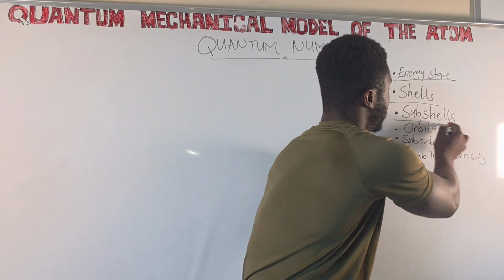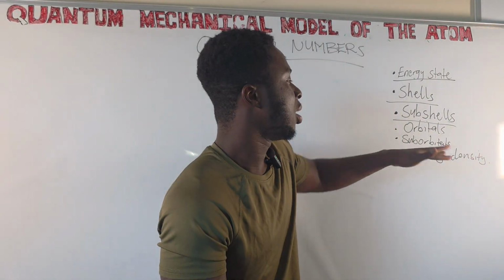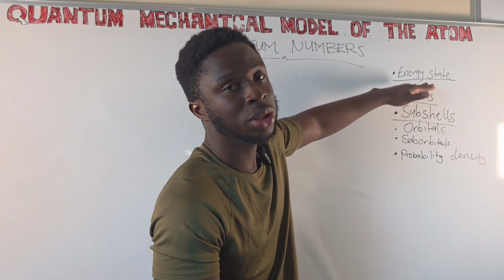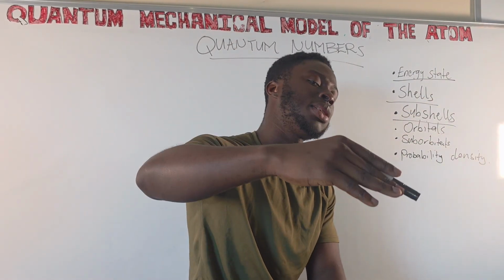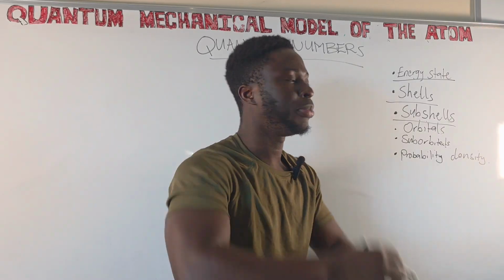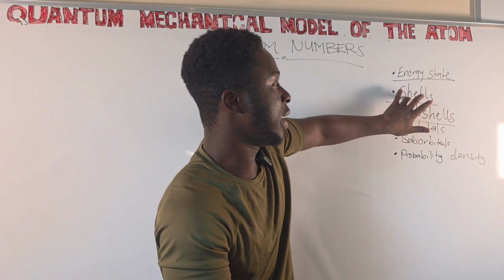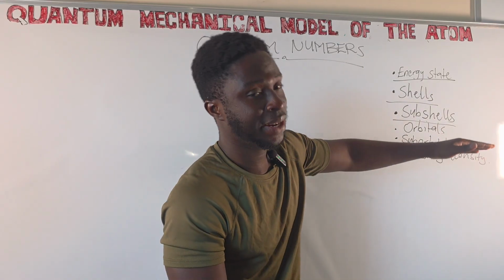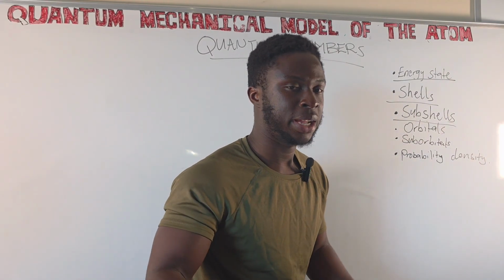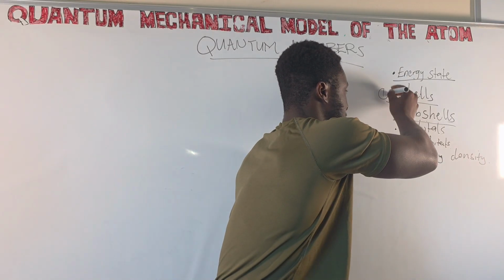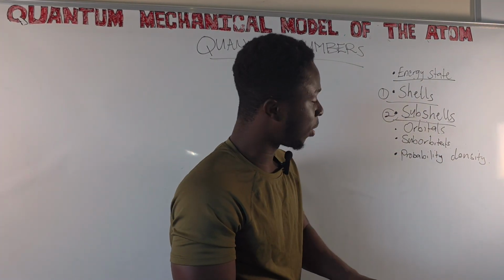The subshells are a step below the shells. So we take the shells and divide them into the subshells. They are the energy level below the shells, not the main energy level, but they come below the shell. So if you are arranging them from biggest to smallest, shells come first, and then subshells come second. The name should even give it off.